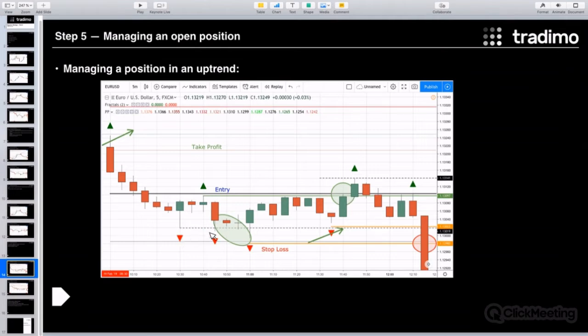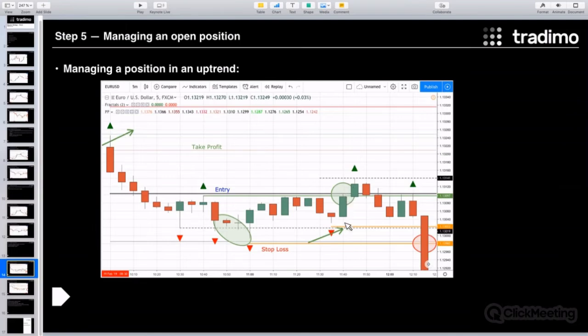Then we moved it down to this level, we moved it down to this level, nothing happens. We are here in step 4, managing the pending order, nothing happens. A new down fractal appears, it's not confirmed yet, so we cannot use it. Then this candle here comes up, and this level triggered our pending order.